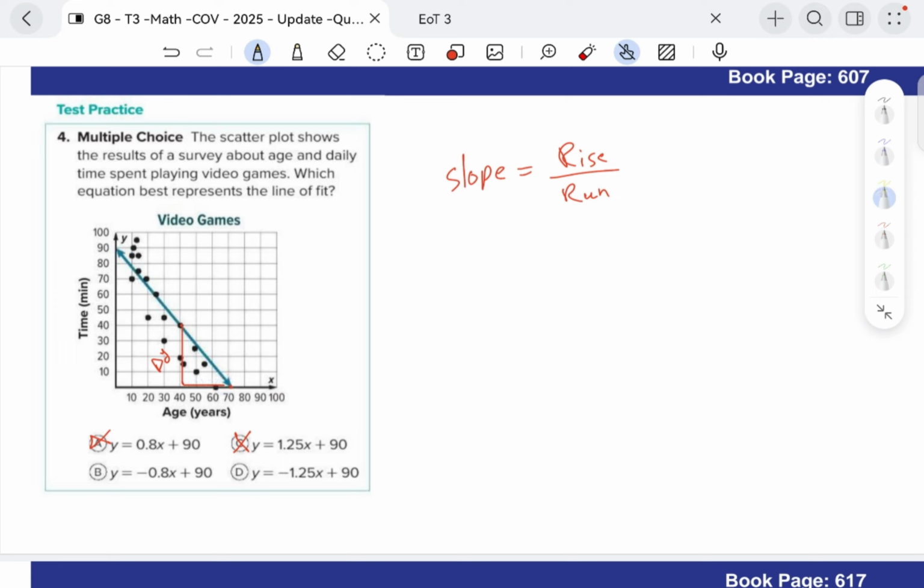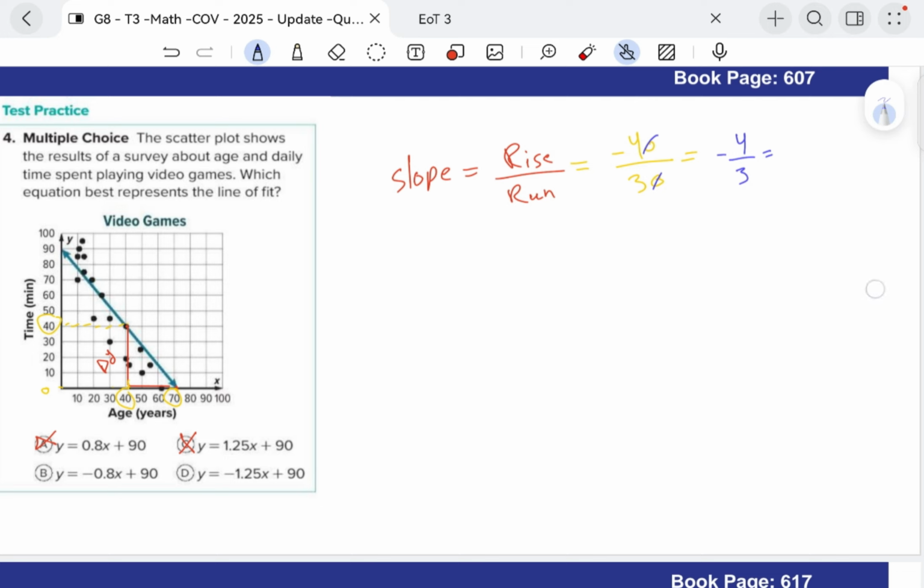Okay. The vertical change is from 40 to 0. So the change is negative 40. It decreases. And the change in x is from 40 to 70. It's increased by 30. Now we're going to simplify. We have negative 4 divided by 3.